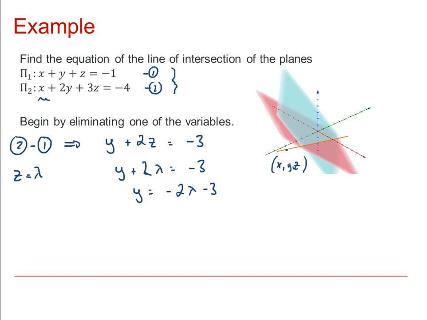If we put those expressions into equation 1, then x plus y plus z, which is lambda, is equal to minus 1, and we can rearrange that to show that x is equal to 2 plus lambda.